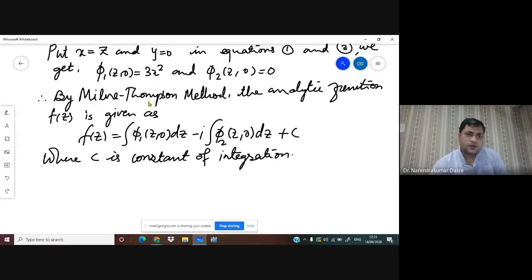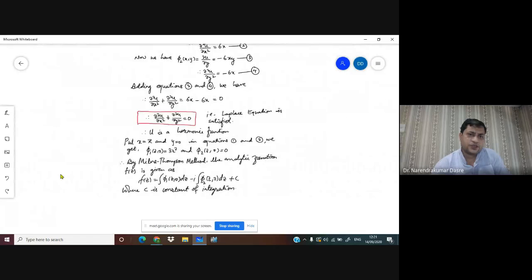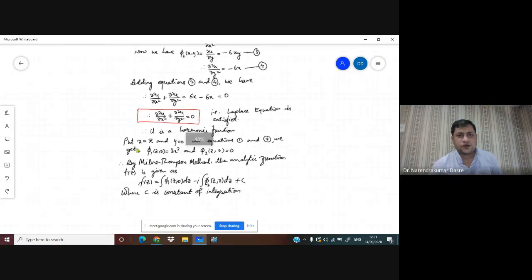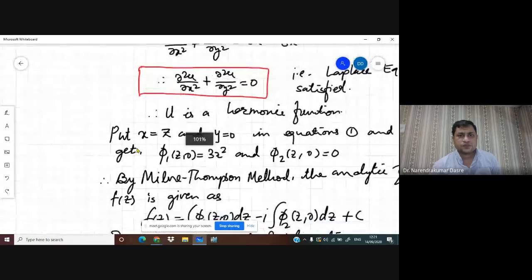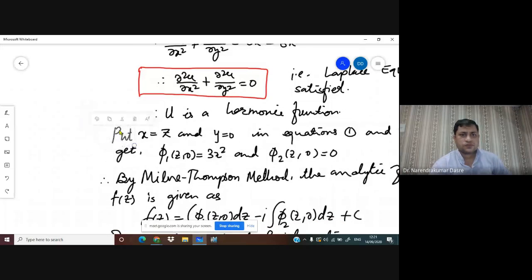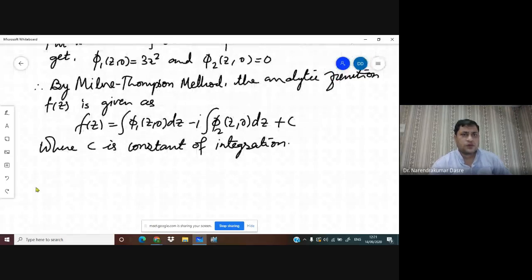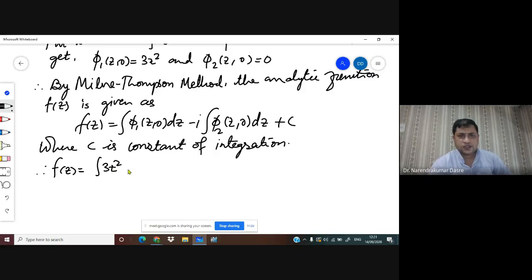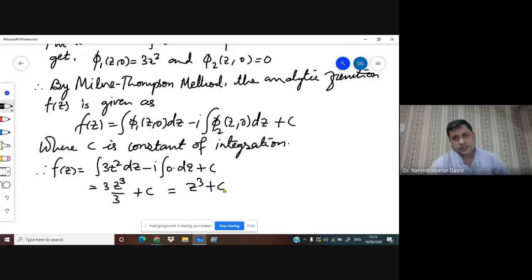Now we put in these values, and hence we have f of z is equal to the integral of 3z square dz minus i times the integral of 0 dz plus c. So this is 3z cube by 3 plus c, so we can have z cube plus c.